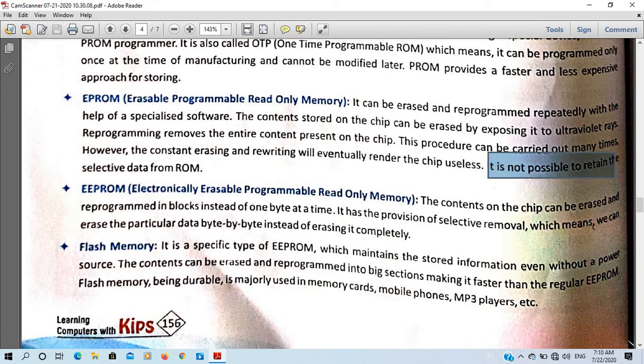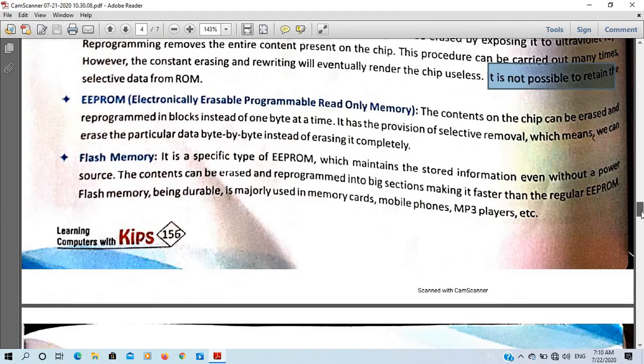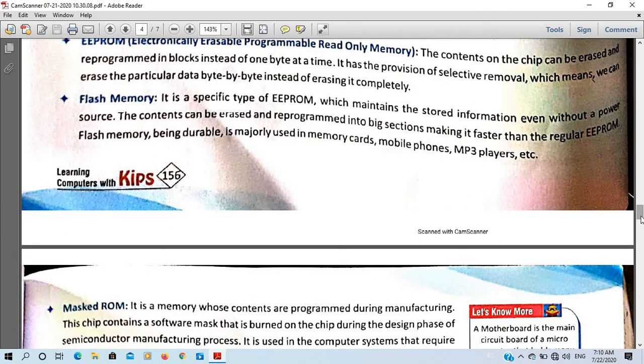Okay, next is flash memory. So what is flash memory? Did you get the difference between EPROM and EEPROM? If not, please comment. I will explain it once again.